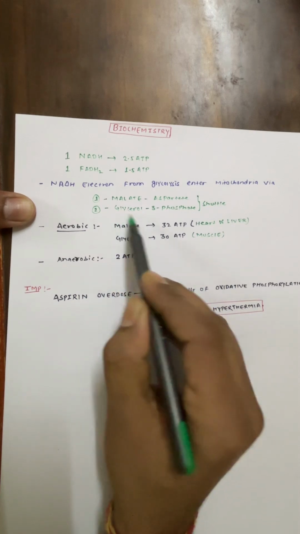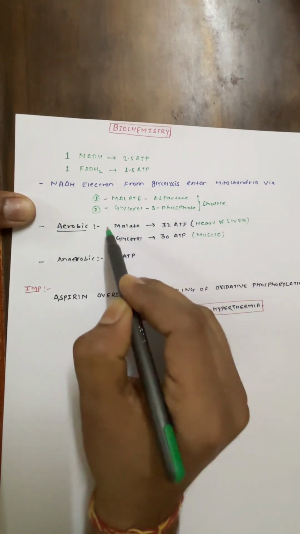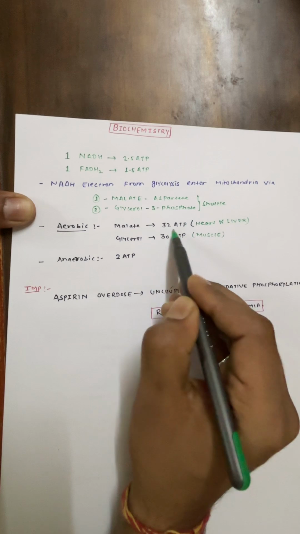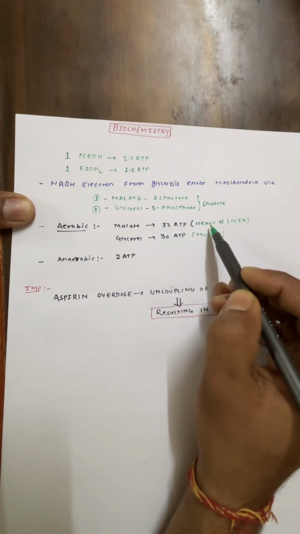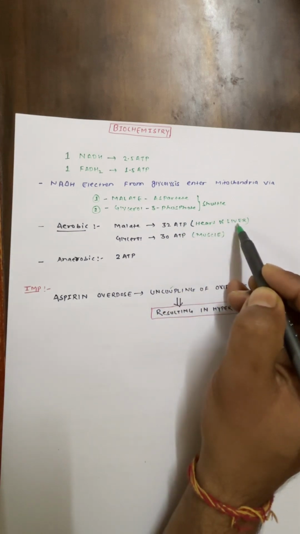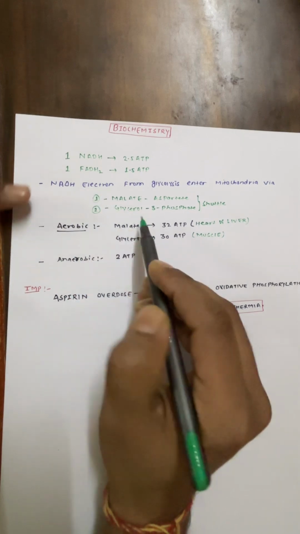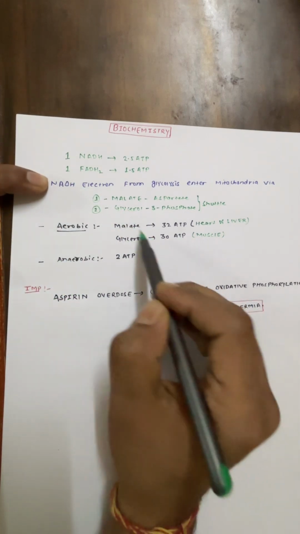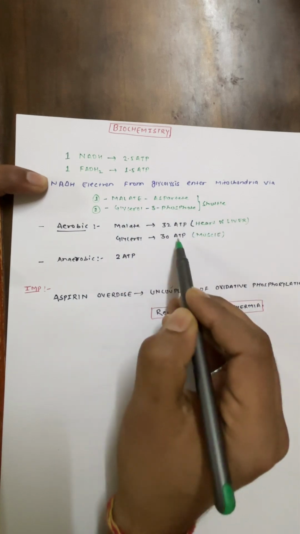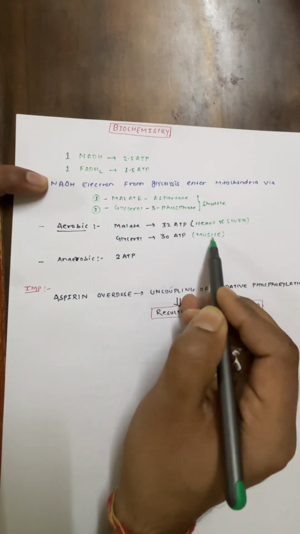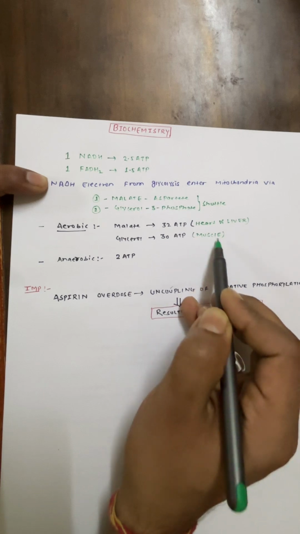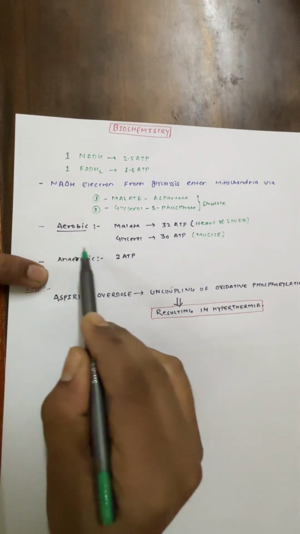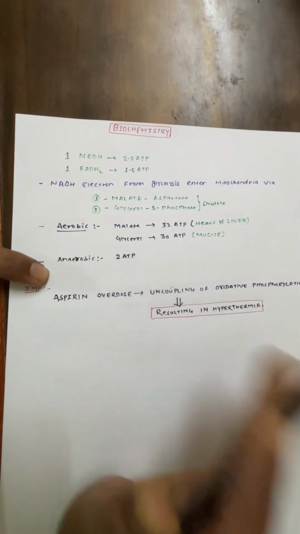If the NADH enters through the malate aspartate shuttle, it produces 32 ATP, which occurs mainly in heart and liver. But if the NADH produced from glycolysis enters through the glycerol 3-phosphate shuttle, it produces 30 ATP, which occurs mostly in muscles. But in anaerobic glycolysis, only 2 ATP is produced.